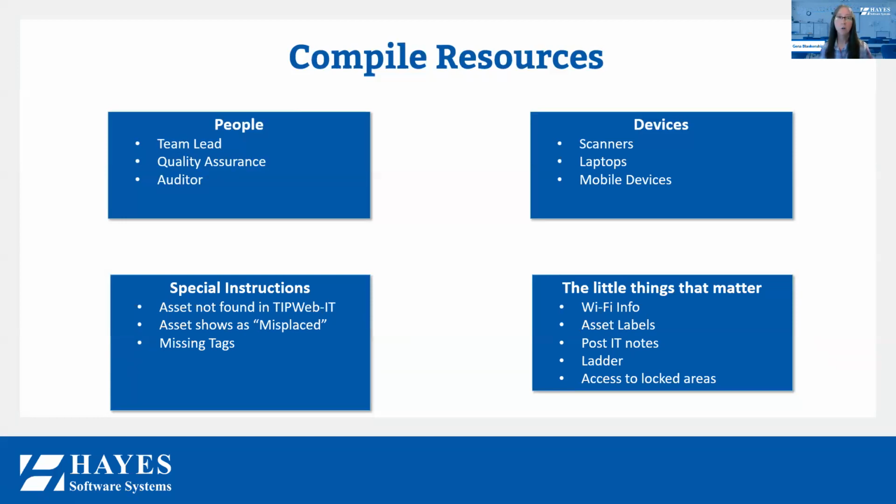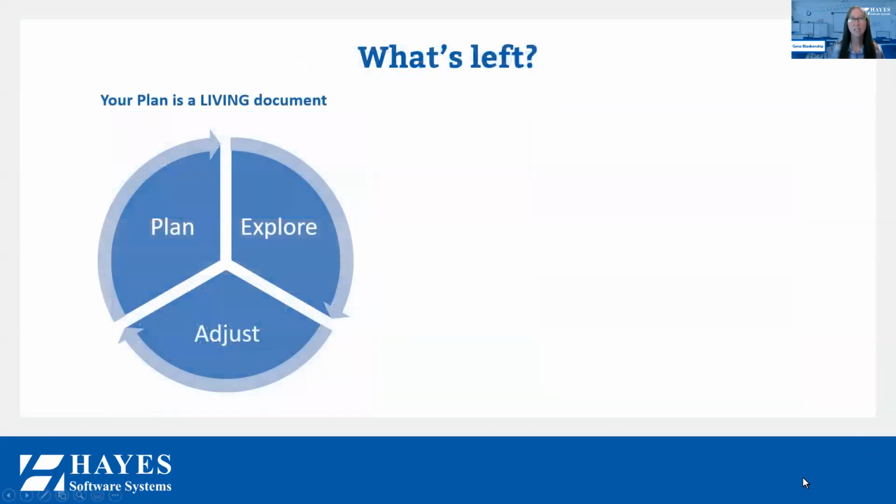So the first time you ever do this, I would plan on meeting with that core team no less than 5 times. And then as you get better at it, this is a document that you can refer to for a while.